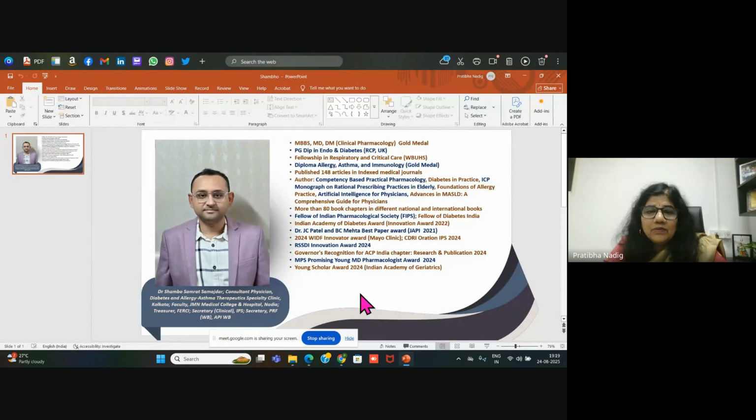He has received the Innovation Award in 2022, and another award, the JC Patel and BC Mehta Best Paper Award, and another one is the WIDF Innovator Award from Mayo Clinic and the CDRI Oration IPS 2024, RSSDI Innovation Award, Governor's Recognition, ACP India Chapter recognition for India Chapter Research and Publication 2024.